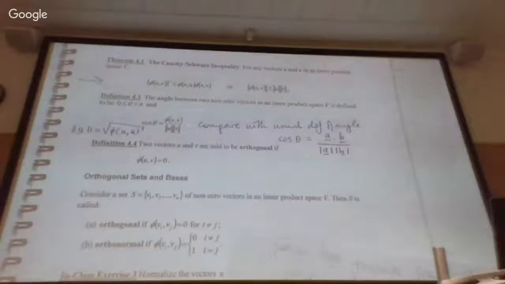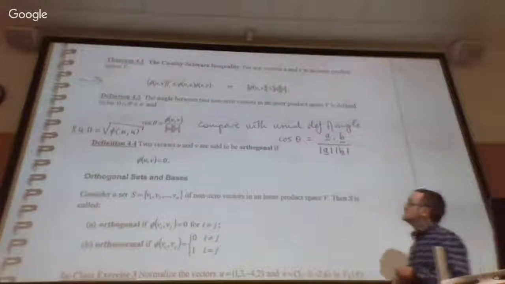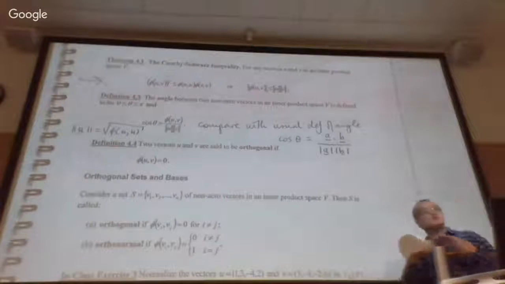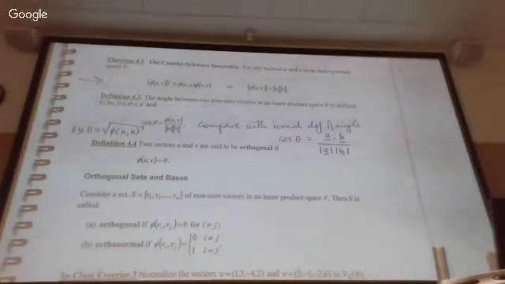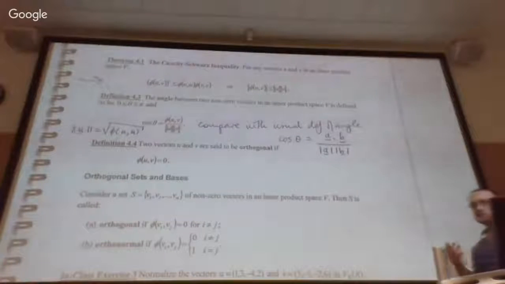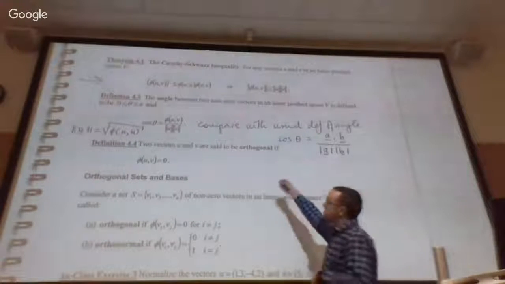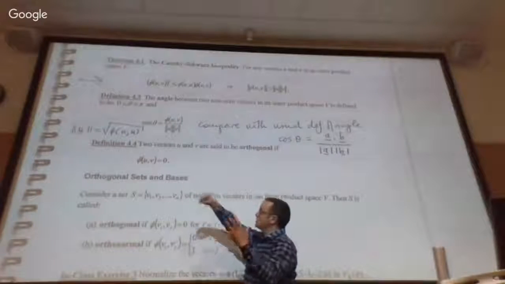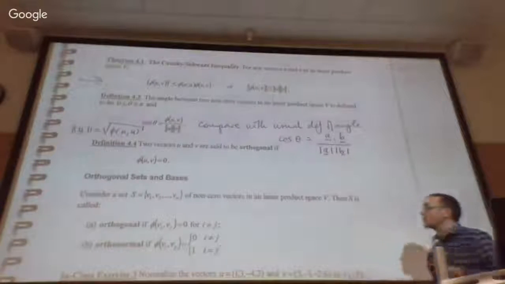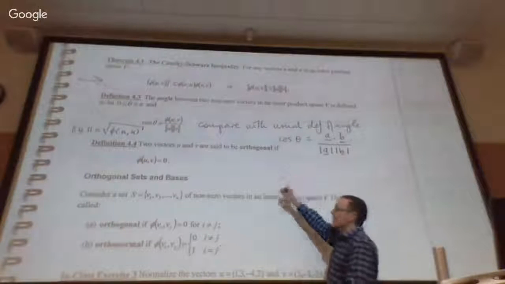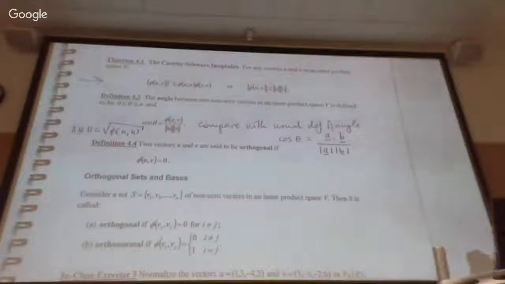If you've got the notion of angle between two vectors, you can also talk about the notion of two vectors being perpendicular or orthogonal. So you might talk about two normal geometric vectors as being perpendicular. The angle between them is a right angle, 90 degrees. But in a more general setting with respect to an inner product, we normally prefer the term orthogonal. It's a more general term.